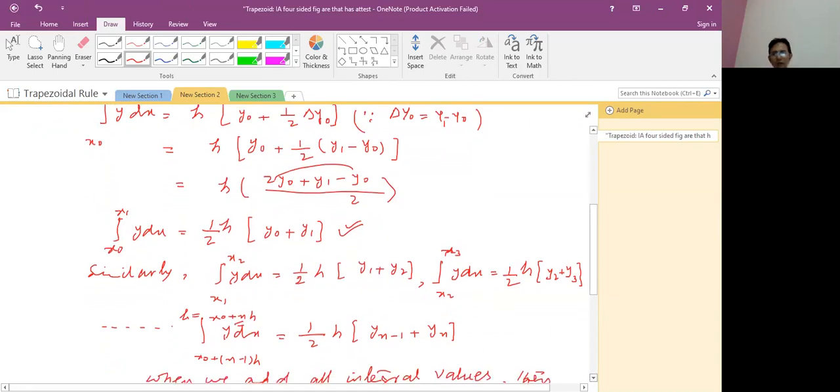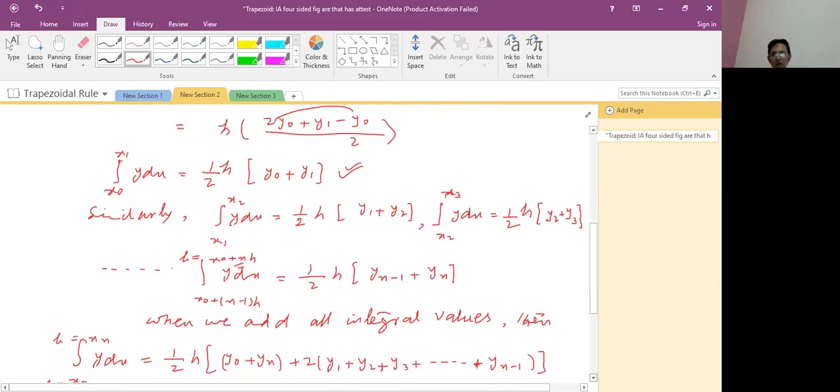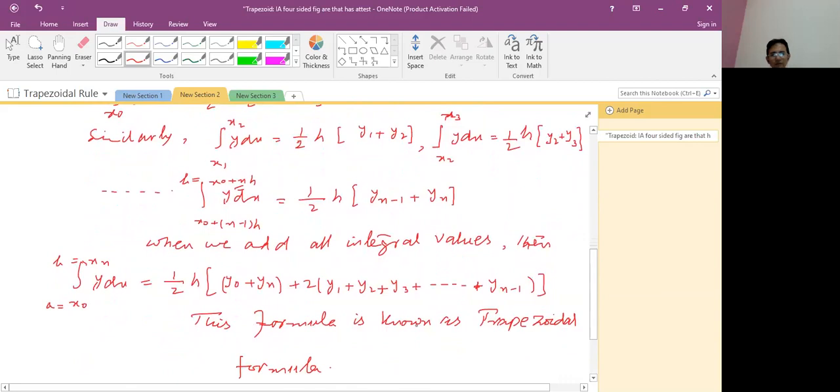So, student, when we add all these integral values, we form the trapezoidal rule.